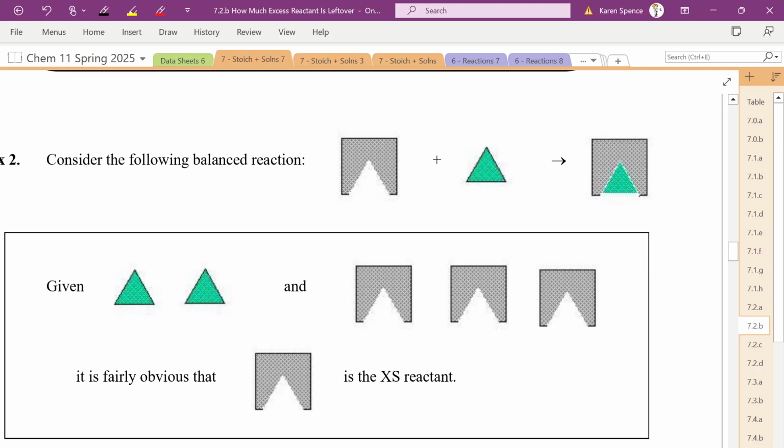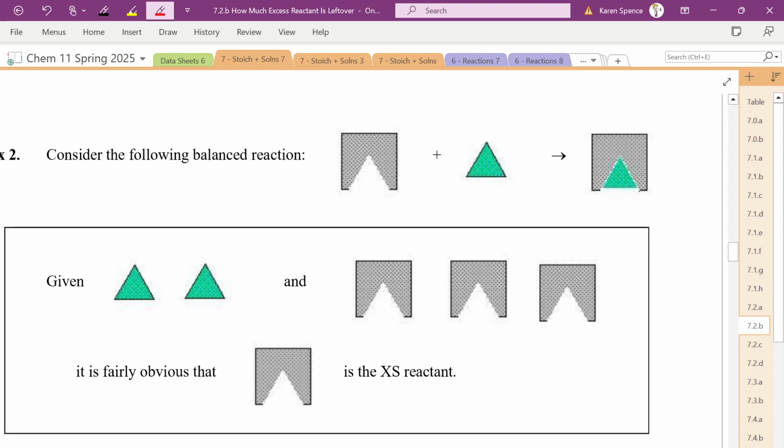So if we wanted to calculate how many squares were left over, we can obviously just see it, but how you would do that is you would take your limiting reactant and convert it to your excess reactant. So you would say, I have 2 triangles times 1 square per 1 triangle, and you would get 2 of these used up.